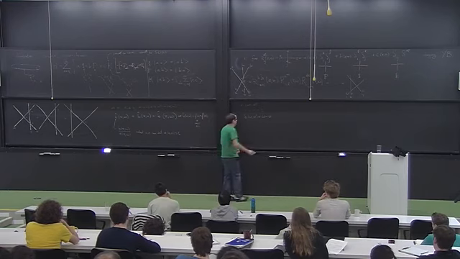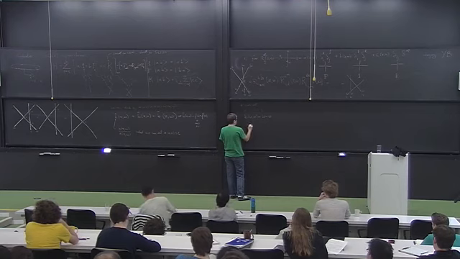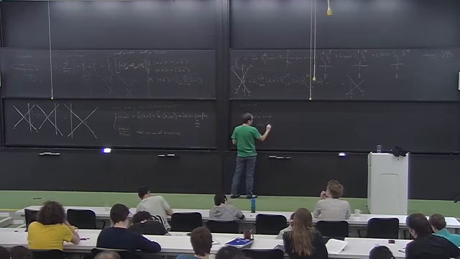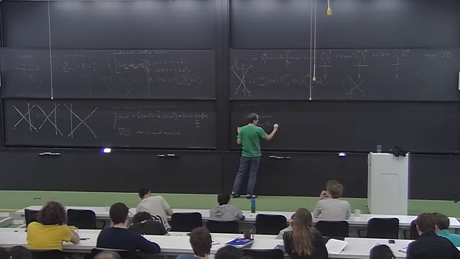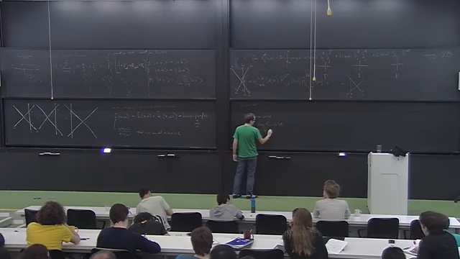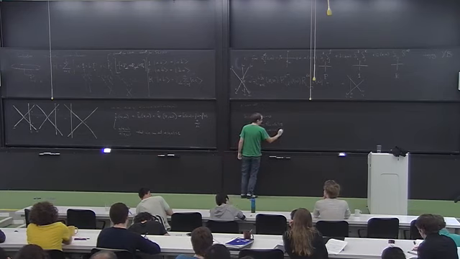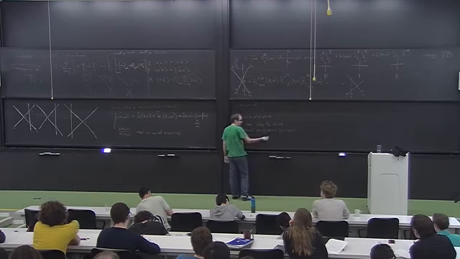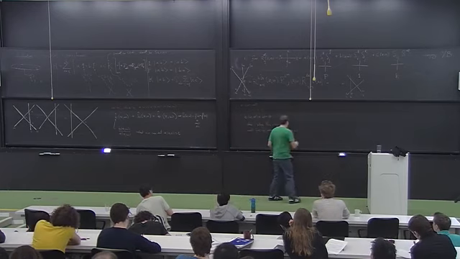So the idea now is to plug this into Yang-Baxter and see if we can fix C of UV, or if we get an inconsistency right away.